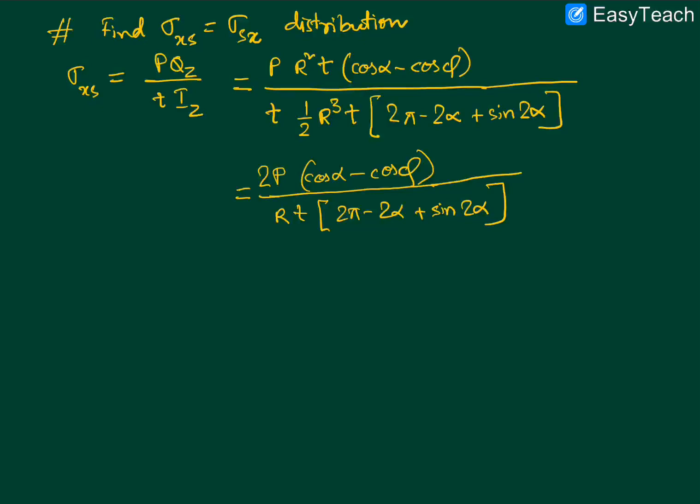Okay, so now that we have found out the distribution of sigma xs, we are ready to determine the torsion, the contribution that this shear stress distribution will have towards the torsional moment, and in turn how that will balance the torsional moment due to the externally applied transverse load.